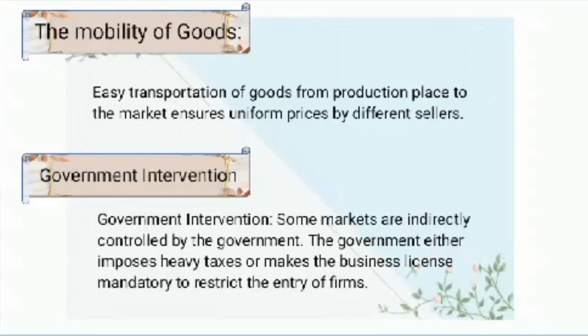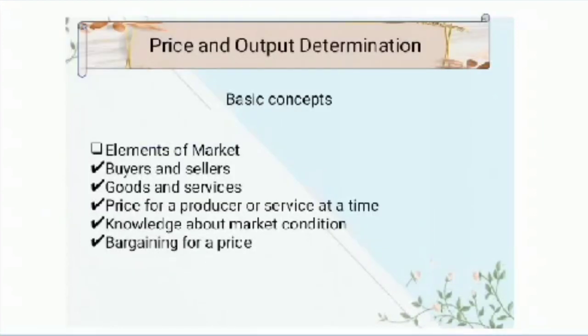Examples of government intervention are taxes, subsidies, price control regulations, minimum wage legislation, and government bailouts. Price and output determination are the basic concepts of these elements of the market.